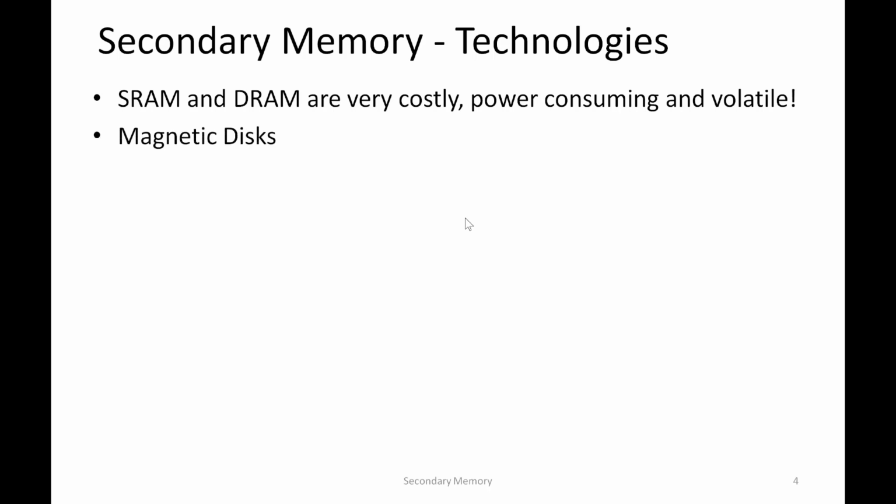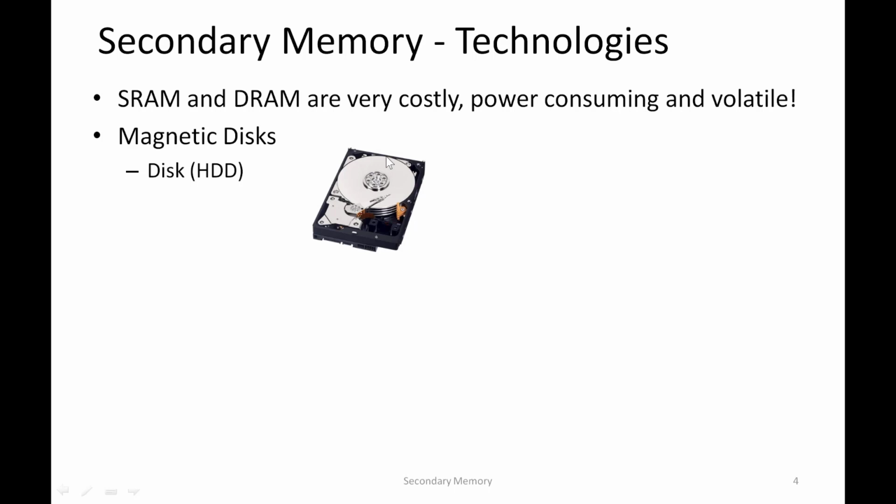So we have different technologies. One of the first ones is magnetic disk, popularly known as HDD. It has multiple such rings, and each of these has a head which will read the data that is stored on the disk, and the middle ring is called the spindle.